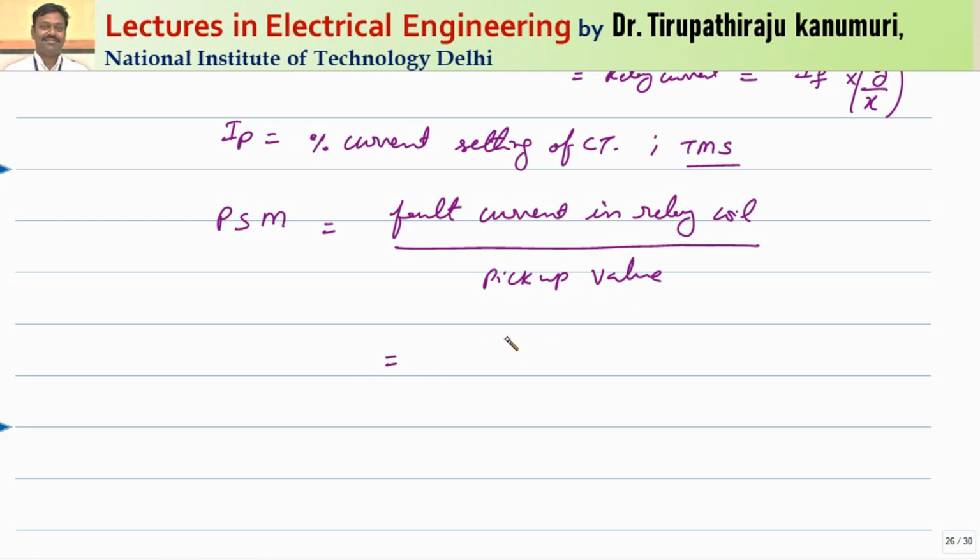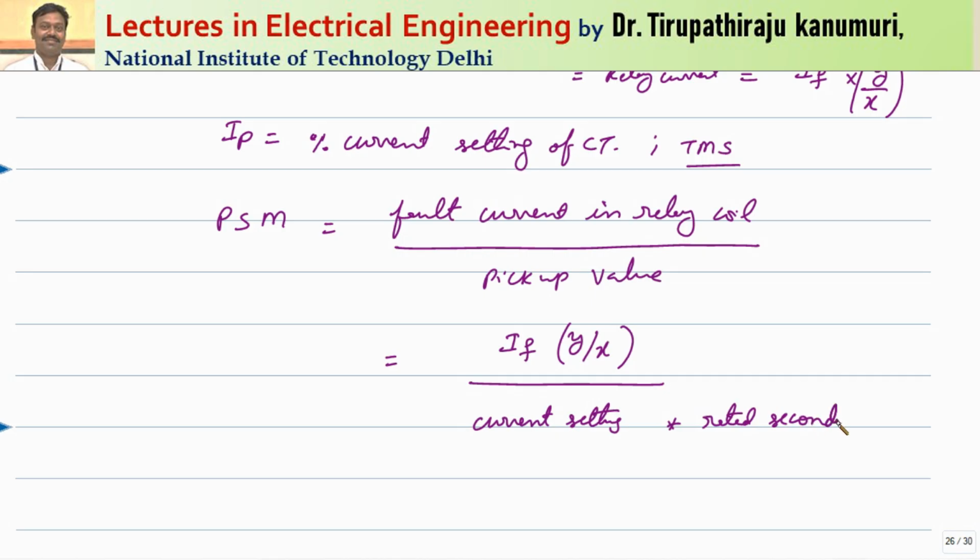So what is the fault current on the relay coil? I have just derived, this is equal to IF multiplied by Y divided by X, that is the secondary current divided by the primary current of the CT. Now the pickup value can be obtained by multiplying the current setting by the rated secondary current of CT. If your current setting is in percentage, then you have to divide with 100.